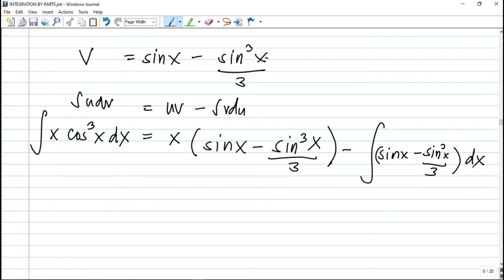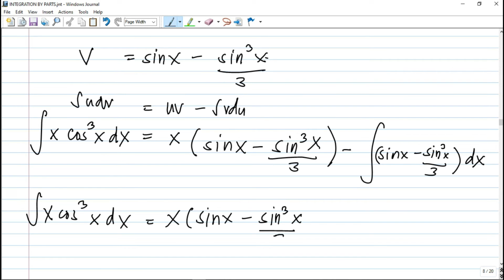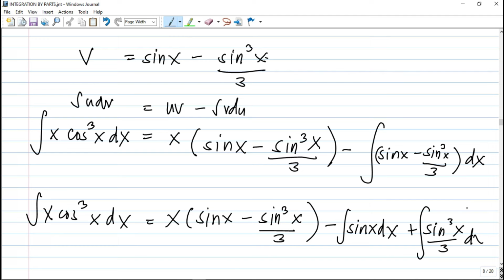So integral of x cosine cube x dx equals x, copy lang muna natin, sine x minus sine cube x over 3, minus integral of sine x dx. So negative times negative, that is positive, so plus integral of sine cube x over 3 dx. Hiniwalay lang natin. Then we integrate this.